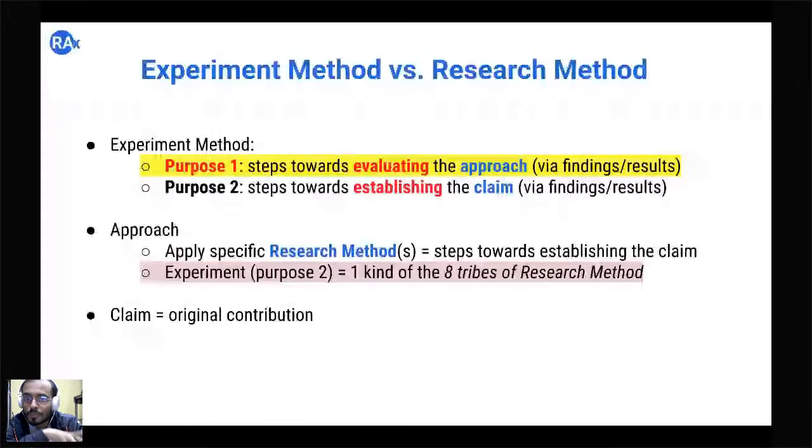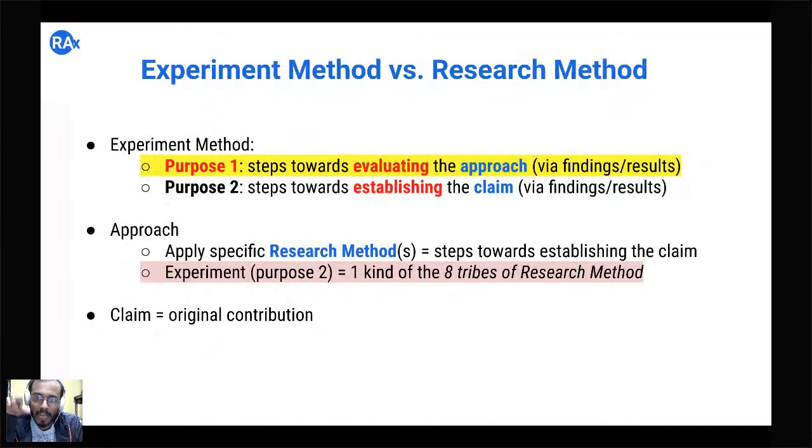So there are two different purposes of doing experiments, and today's discussion would primarily focus on the yellow highlighted one, which is purpose number 1. The entire series that I'm going to do will focus on purpose number 1.